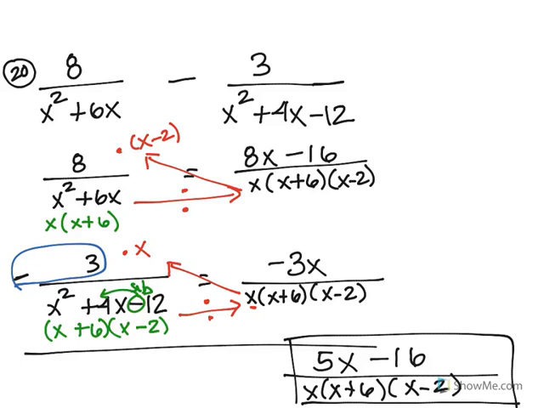Now this test will have problems very similar to this review sheet. I'm just going to go through and switch up some numbers. You're going to have to make sure you got that factoring down pat, because I'm using factoring pretty much in every section almost, besides the first two problems.